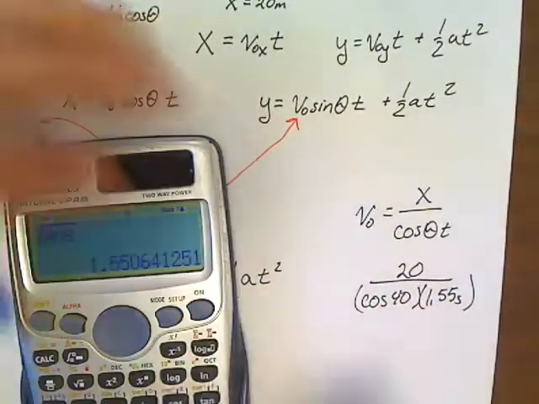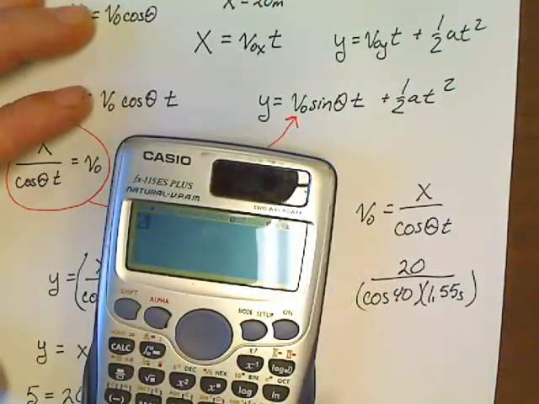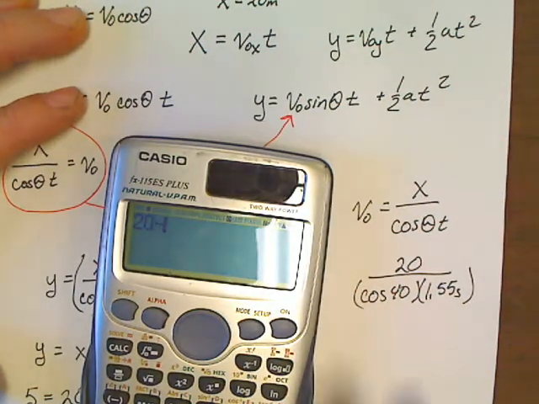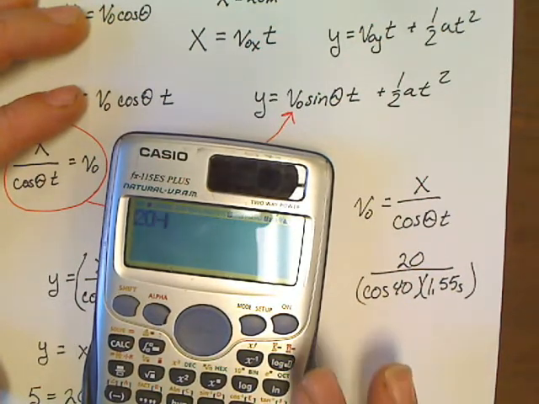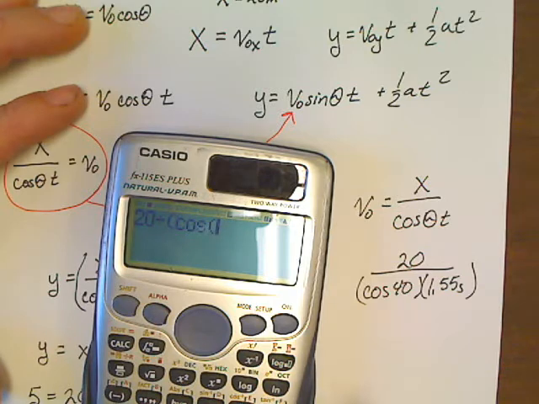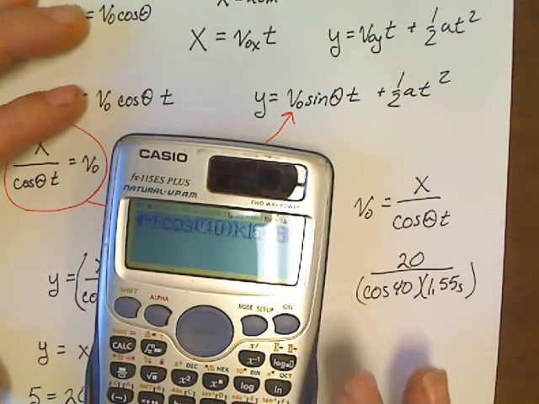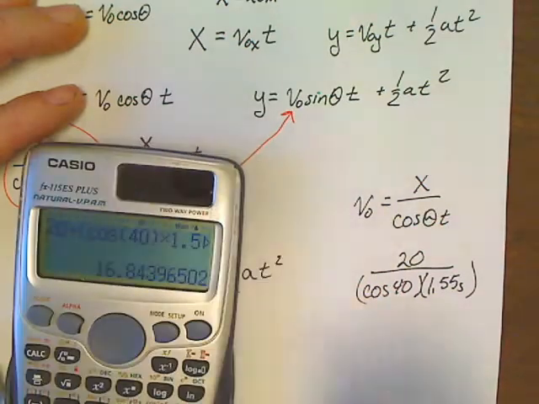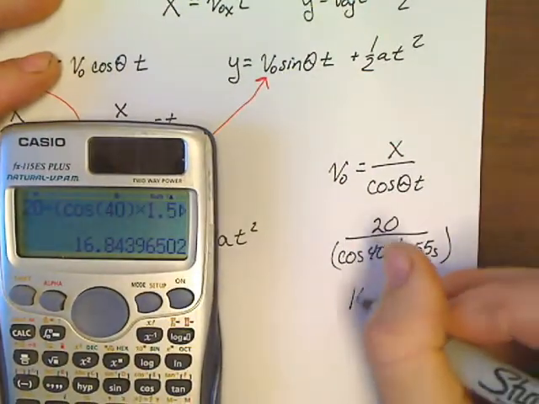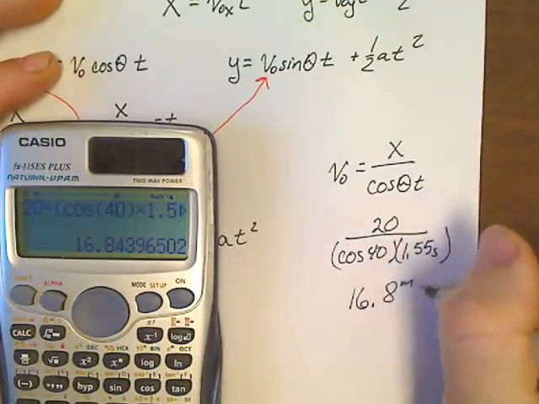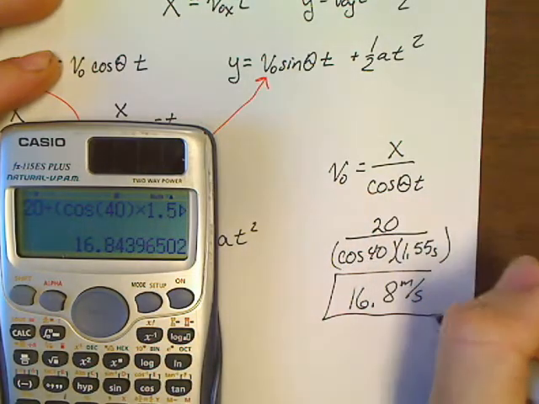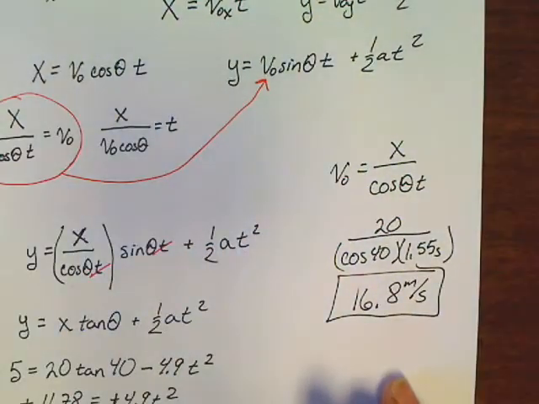And now we have that V0. Oh, it's a little bit of work, but it's not that bad. Let's go with 20 divided by cosine 40 times 1.55. And I've got 16.8 meters per second for our final answer to this question.